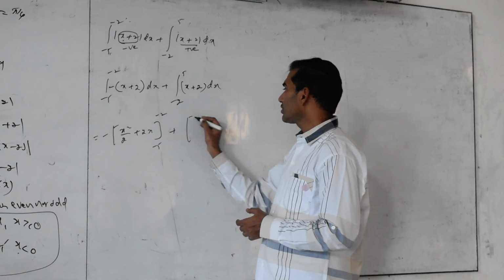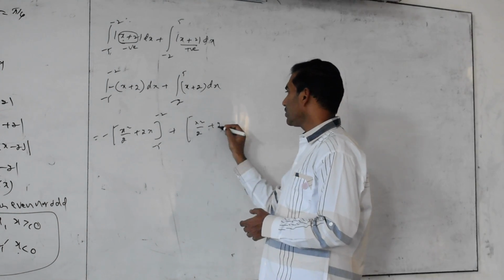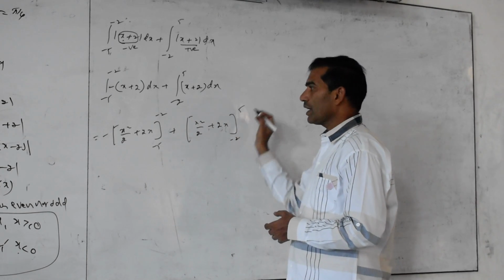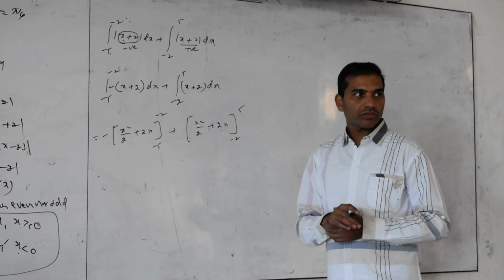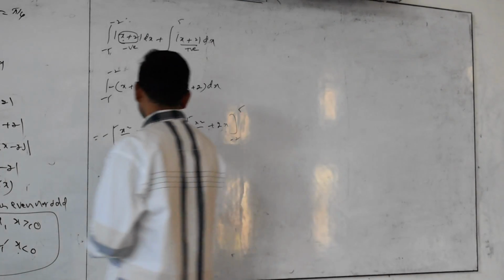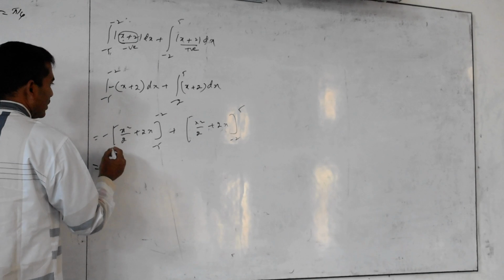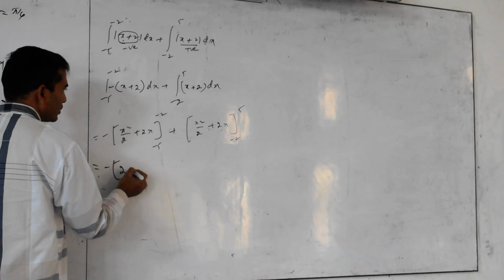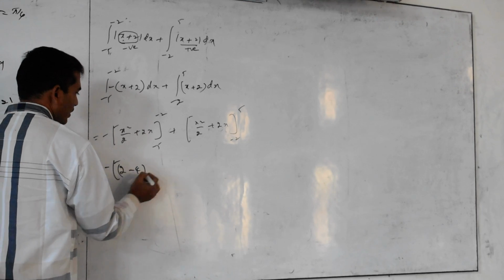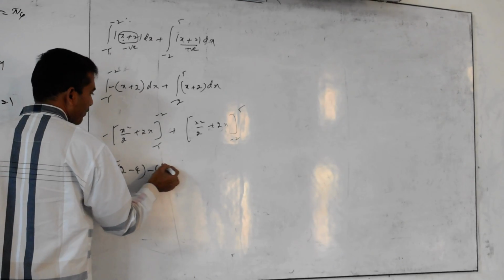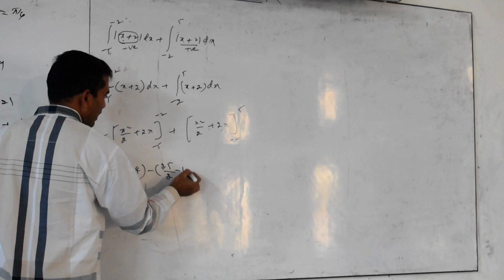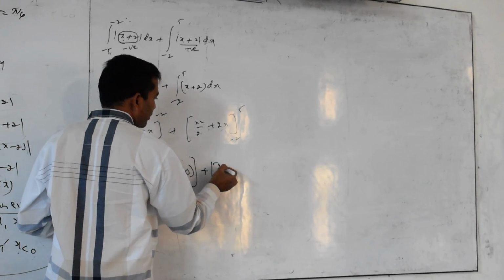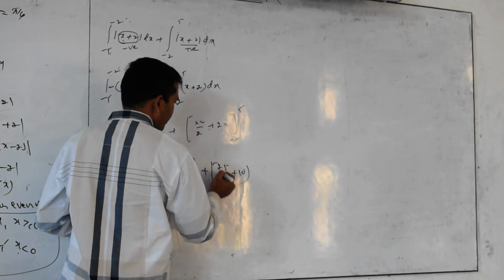Plus here, x squared by 2 plus 2x, limits minus 2 to 5. Now apply upper limit minus 2, whole square 4 by 2 means 2, minus 4. Lower limit 25 by 2 minus 10, plus 25 by 2 plus 10.